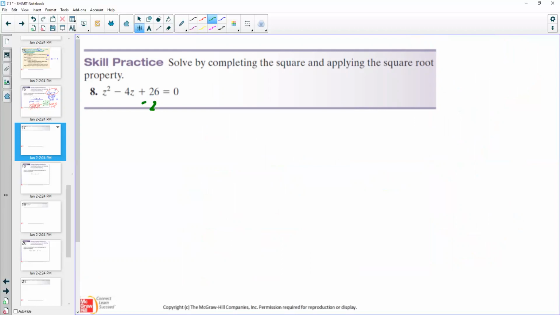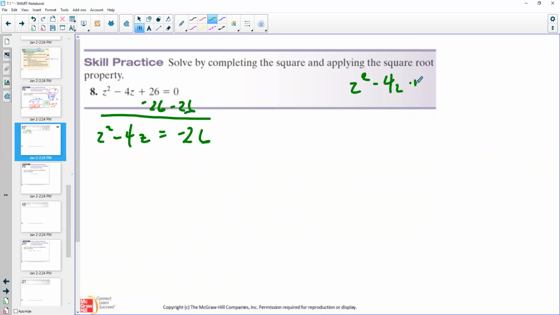Move the 26. There's no coefficient in front of the z squared. I don't have to worry about that. So I get z squared minus 4z equals negative 26. Now I'll go off to the side. Z squared minus 4z plus something. What's that something going to be?